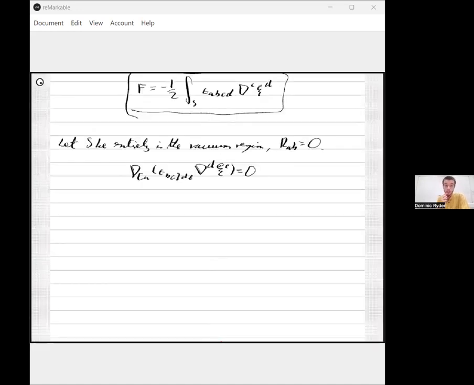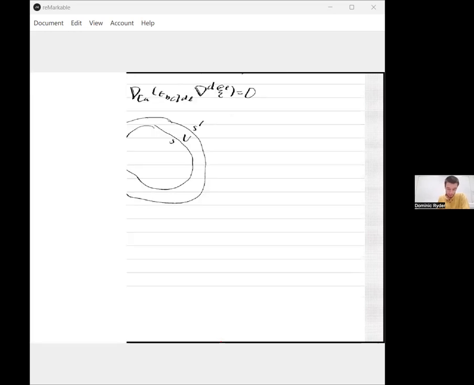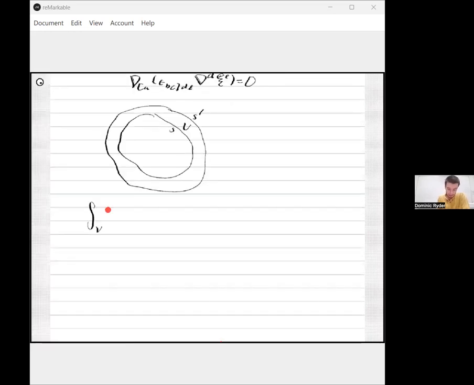We can apply Stokes' theorem to any volume bounded by two surfaces S. So let's take two surfaces S, S prime. V is the volume bounded by them. And the integral over V of the exterior derivative of the form, applying Stokes' theorem, we get two integrals over S and S prime.